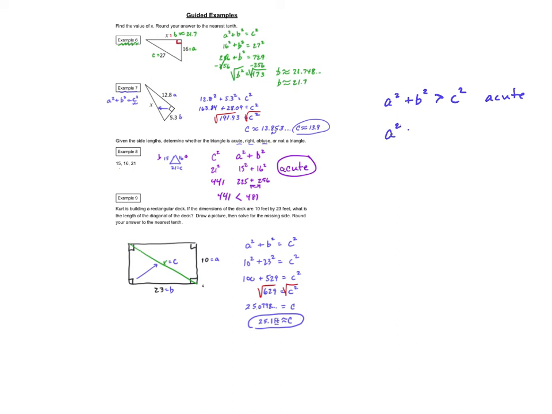If we have A squared plus B squared is less than C squared, that's obtuse, because that hypotenuse is overpowering the legs. And then if we have A squared plus B squared is equal to C squared, then we have a right triangle. And that's how we were able to use our legs and sides to determine the classification of a triangle.